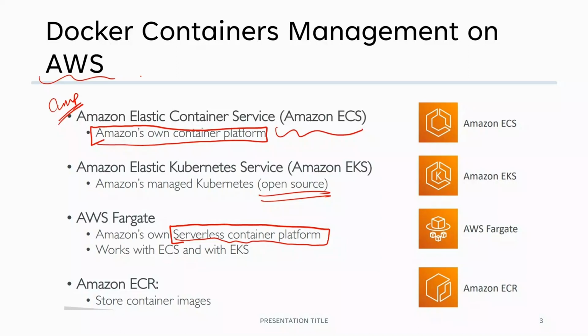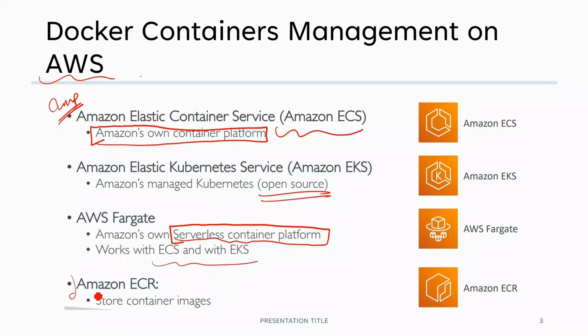But Fargate is a serverless medium of creating your clusters. You don't have to worry about the underlying EC2 instances. You just create the cluster and let ECS take care of scaling up and scaling down. That's about Fargate, and it works with both ECS and EKS.